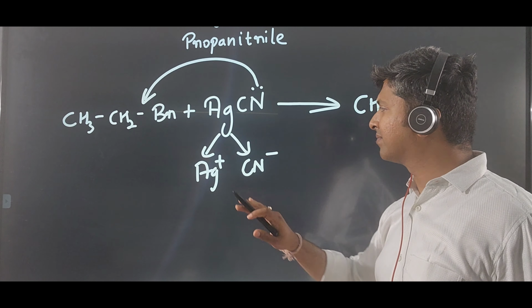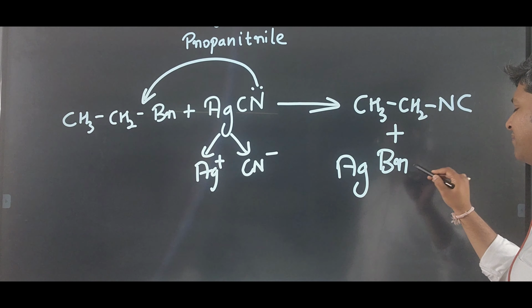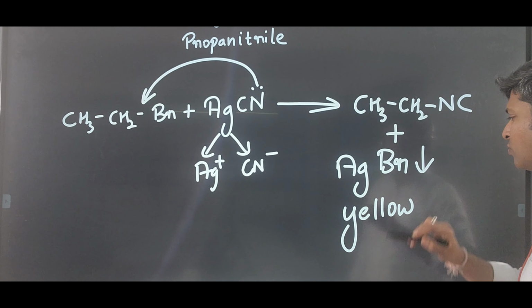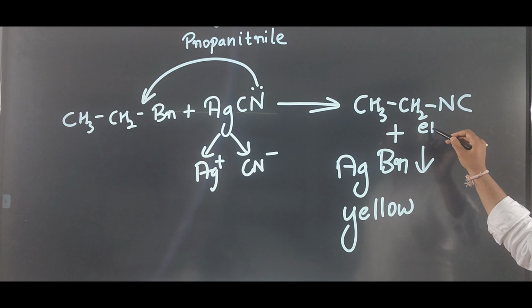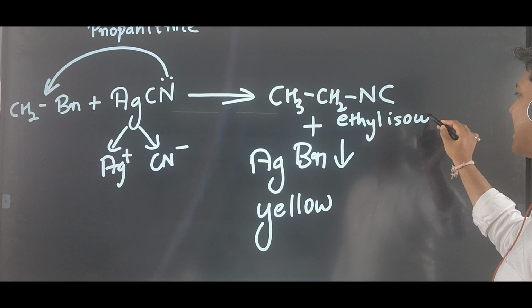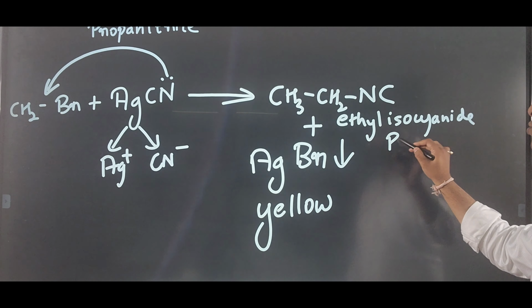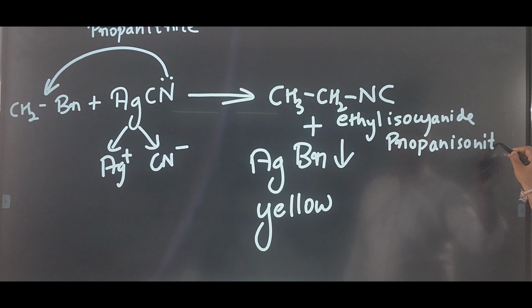Later on, Ag, because of the slow dissociation, will combine with Br, forming AgBr. Just to mention that AgBr will give you a yellow colored precipitate. Like AgCl is white in color, AgBr is yellow in color. So this is particularly ethyl isocyanide as far as the common name is concerned. Whereas for IUPAC, needless to say, it will be propane isonitrile.